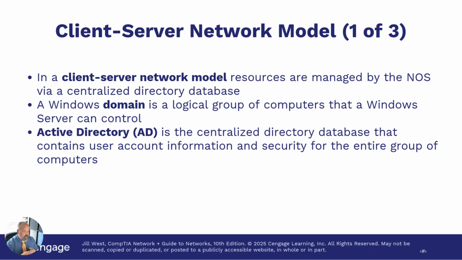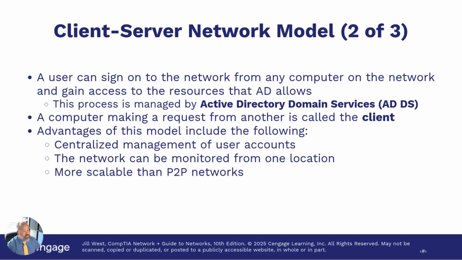For example, in a Windows network, it's called a domain, and the tool that manages the domain is called Active Directory or AD. Active Directory is like the master guest list at an exclusive event. It knows every user, what they're allowed to do, and also what they can't do.